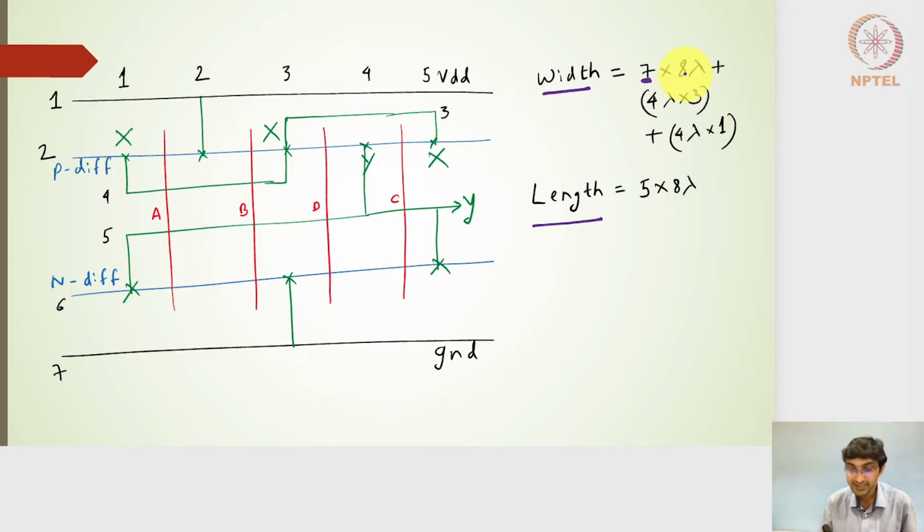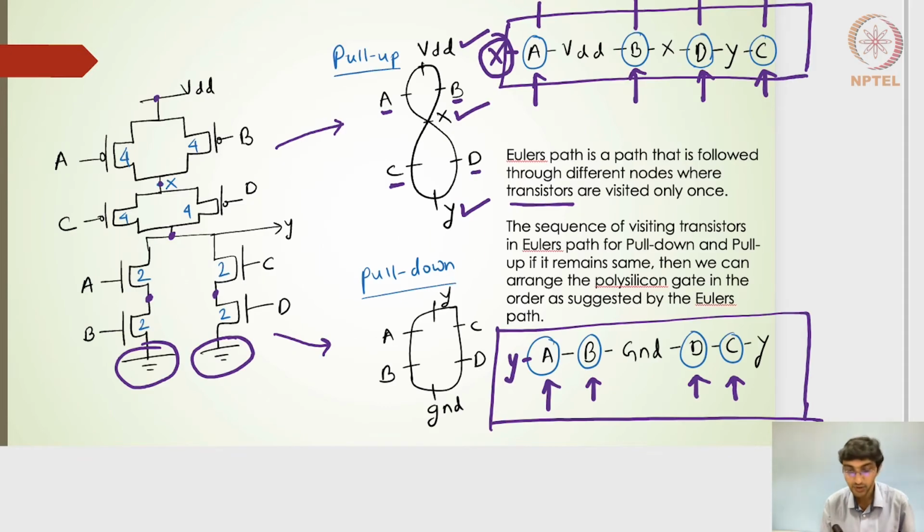But if you look at the sizes of the gates of these transistors, the sizes are different than the scaling of 1. If I have the size of 4 and 4 on the PMOS side and 2 and 2 on the NMOS side, my P diffusion line is not anymore 4 lambda, it has to be 12 lambda.